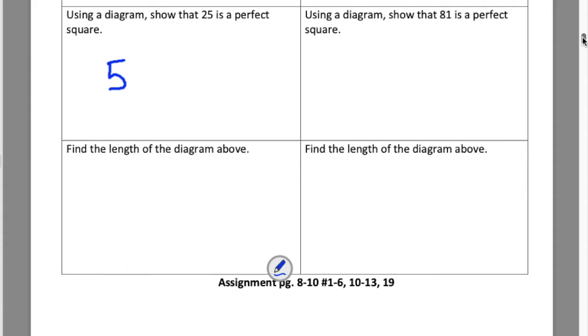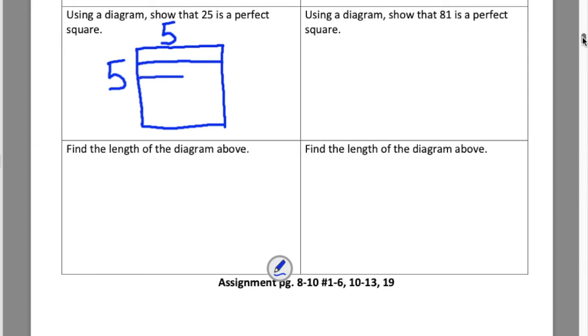So I know that 5 times 5 equals 25, so it is a perfect square. And to show this, I'm just going to draw a square that has a length and a width of 5. So I'm going to cut my square into 5 rows going this way. And then I'm going to cut it into 5 columns going up and down.